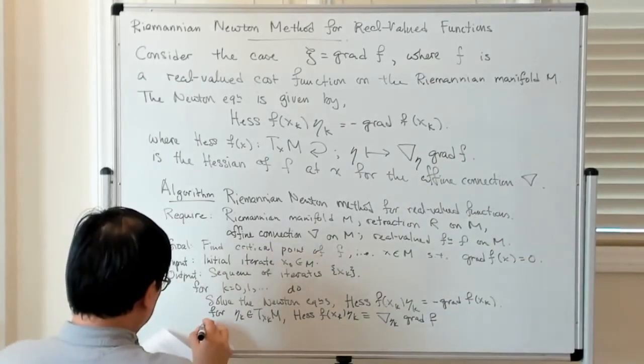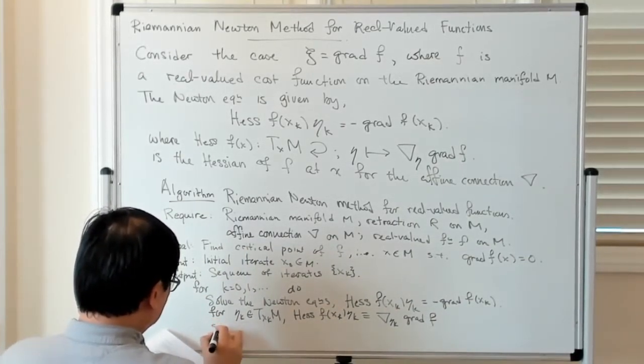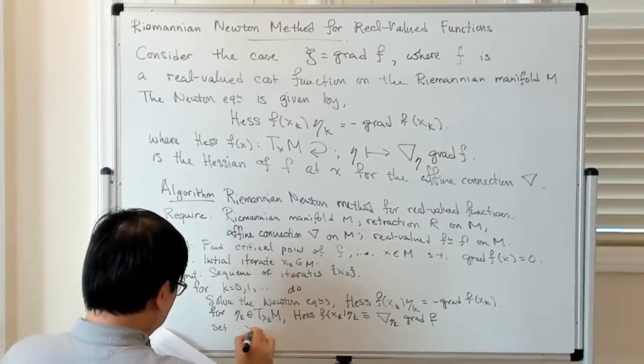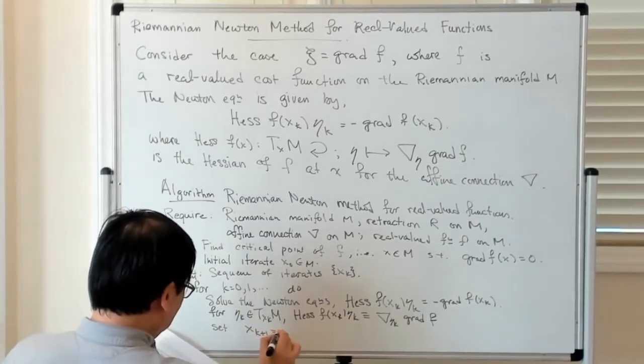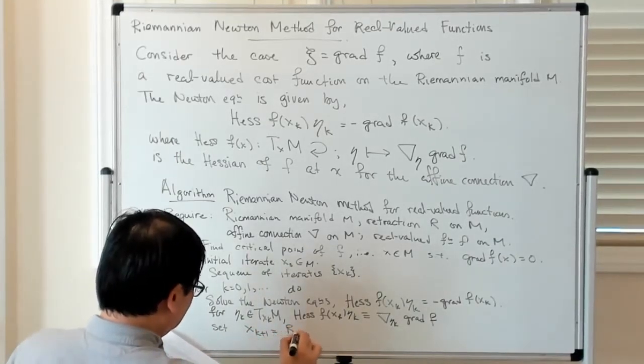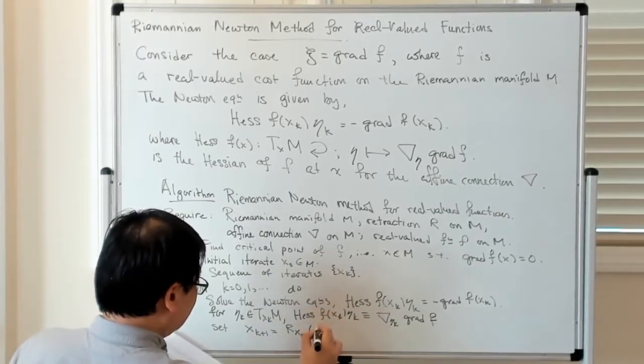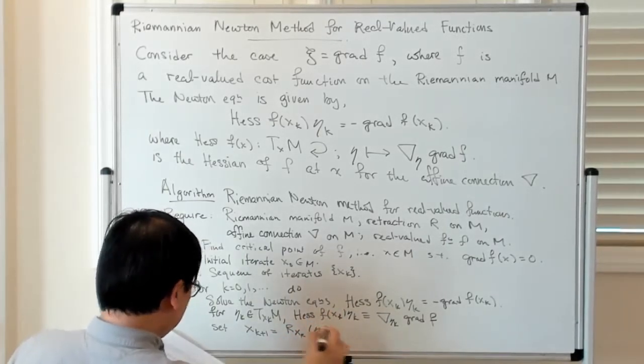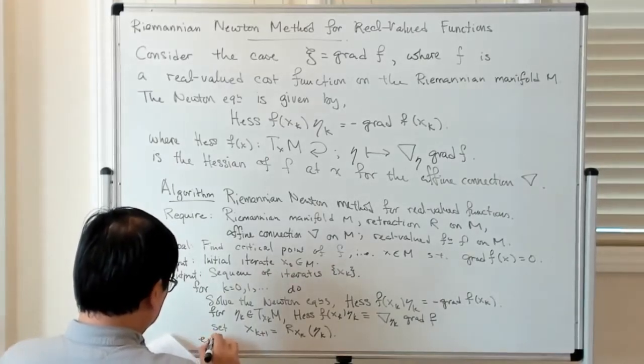Okay, so once you have that Newton direction, you set the new iterate xk plus 1 as the retraction at the point xk of this Newton direction. Okay, and then you end the for loop.